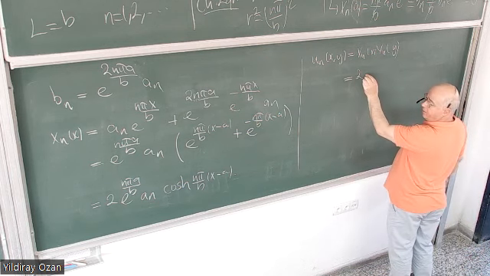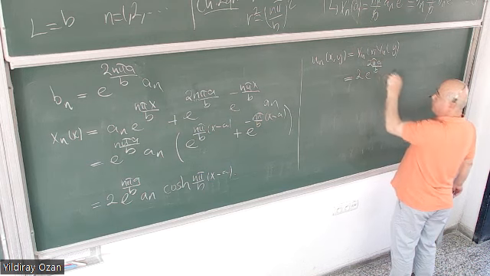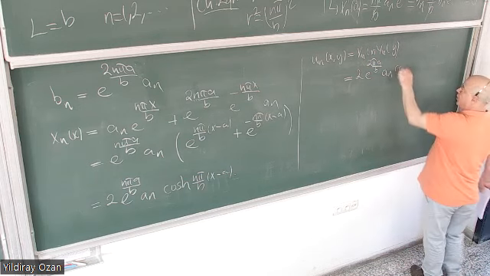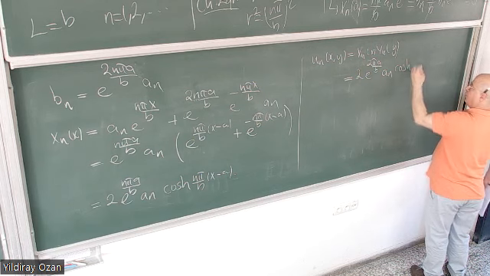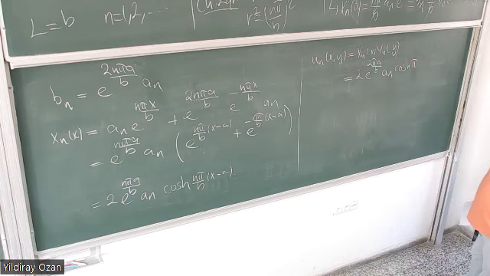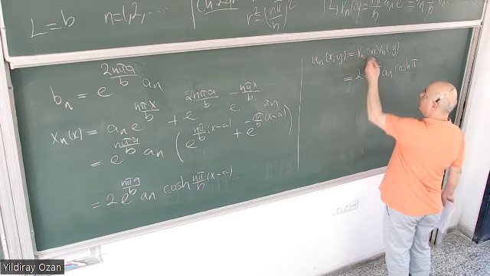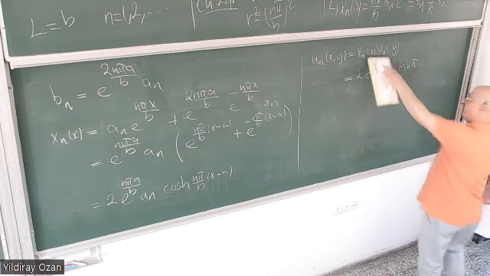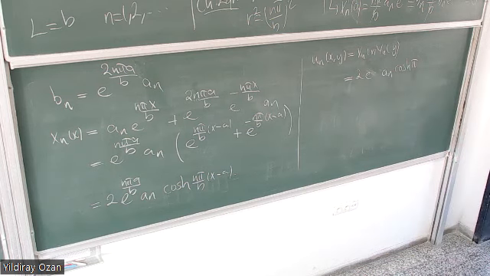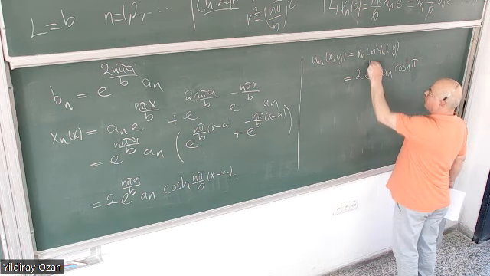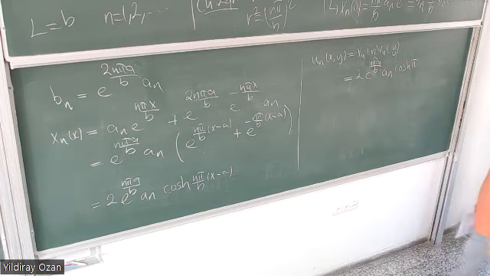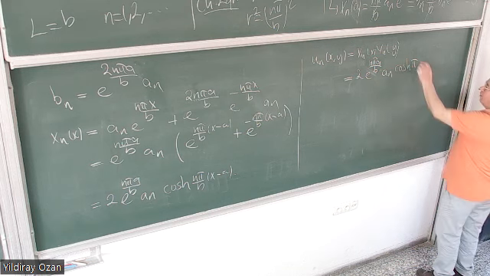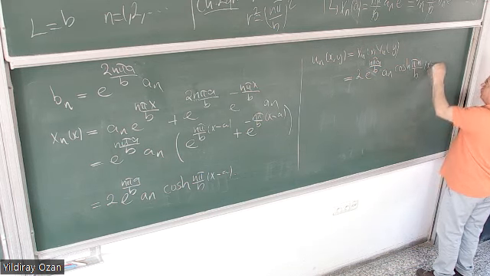Şöyle yazalım. 2 tane e üzeri 2 pi a over b an cosine hyperbolik x minus a.